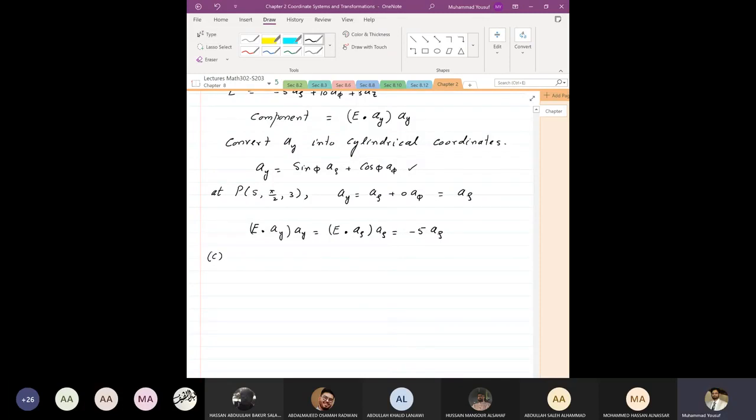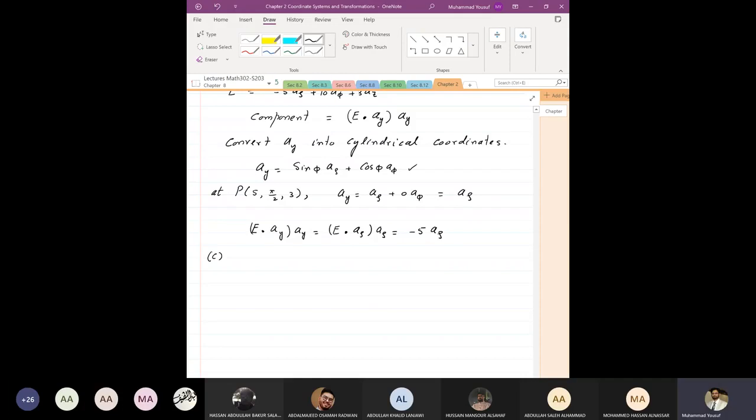Since the Z-axis is normal to the surface, you know the word normal, perpendicular. What is normal to the XY plane? The Z-axis is normal to the XY plane. And what is a unit vector normal to the XY plane?